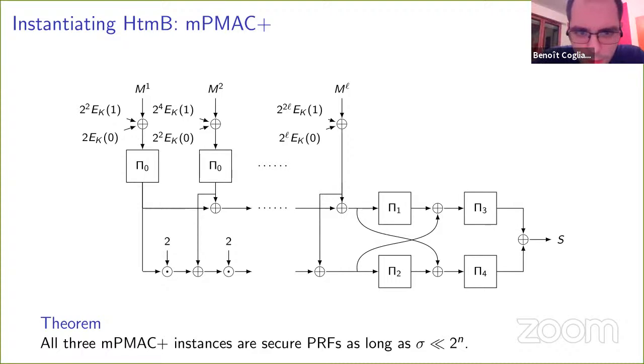Okay, we don't have an attack for this case. It's something that we need for the security proof. When we compute the masks, we have a 2 to the power 2L multiplication, and we just needed to avoid that the powers of 2 would wrap around and would go beyond 2 to the n minus 1. But we don't have an attack for this case, so maybe the proof could be improved to any query length. I don't know.